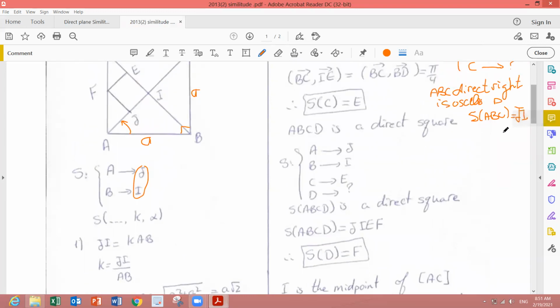S of ABC is a direct right isosceles triangle, which is JIE. So you have two methods. The method that you like, you can use it.